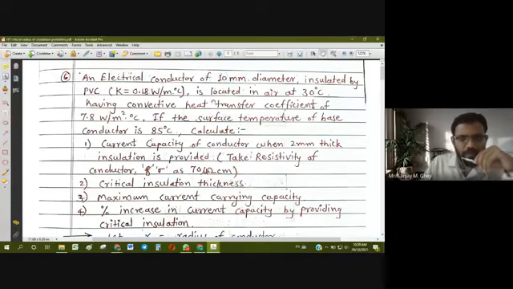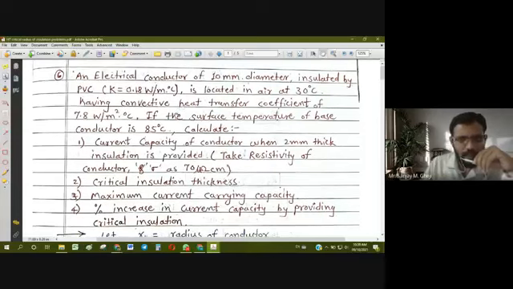Okay, so as you can see on your screen, I hope it is clearly visible as well as readable. I will read out: an electrical conductor of 10 mm diameter, insulated by PVC.